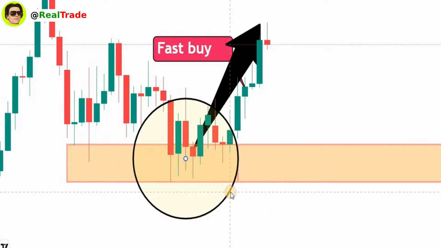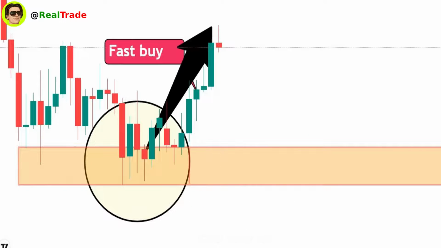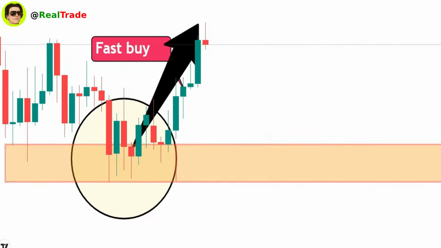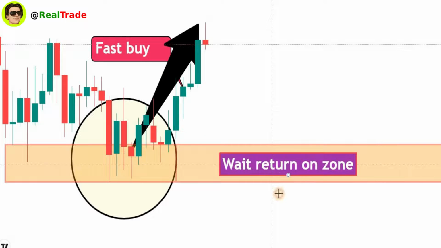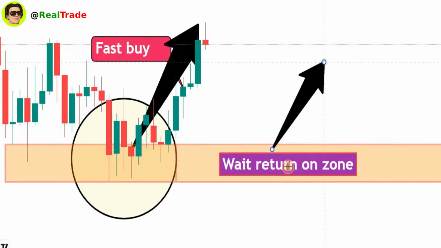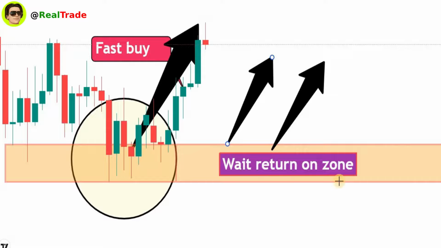Yes, this area is local support. I wait for the return price and zone. Price returns to buy. Go buy. This area.